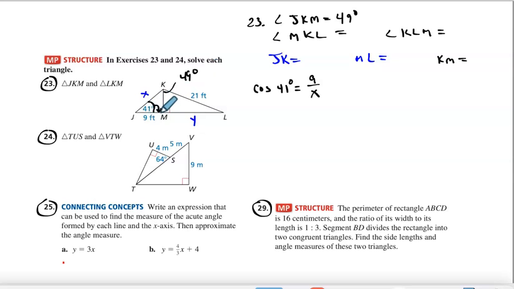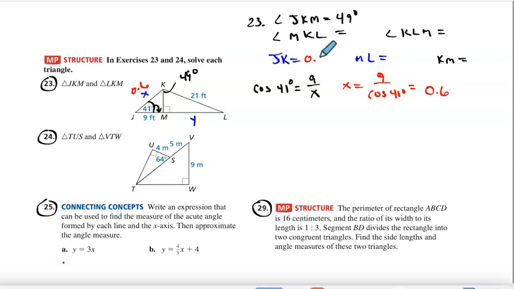So x is equal to 9 over cosine of 41 degrees. Plug that into my calculator, 9 divided by cosine of 41. I'm going to round everything to the tenths.